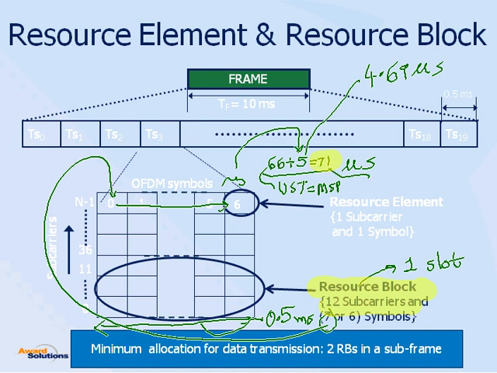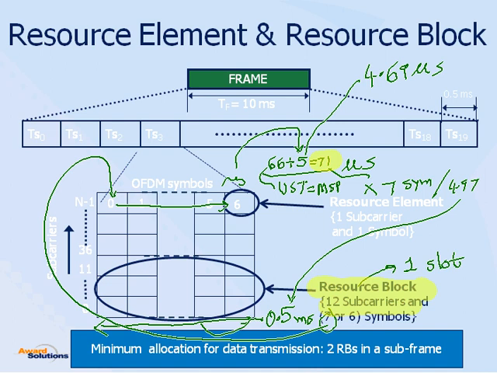Okay, and if you multiply 71 by 7 symbols total, then you will get 497 microseconds, which is close to 0.5 milliseconds. If you do the exact calculation, it will be exactly half a millisecond. We are doing some small approximation.